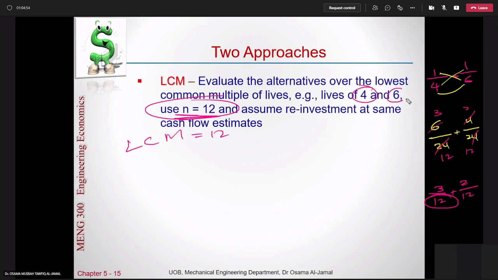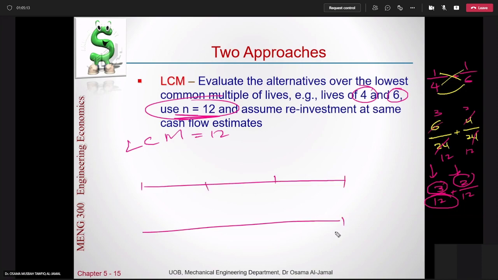So we have 4 and 6. For the 4, how many times are we going to repeat that cycle? 3 times. How many times are we going to repeat the cycle of 6 years? 2 times. 0, 4, 8, 12; 0, 6, 12.